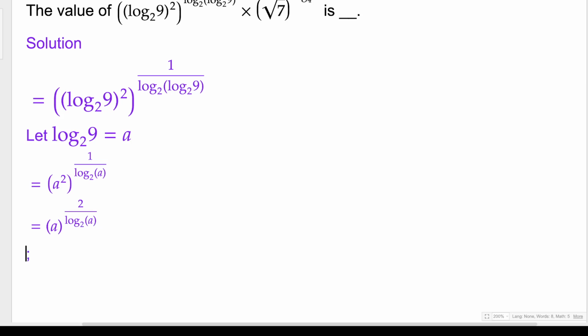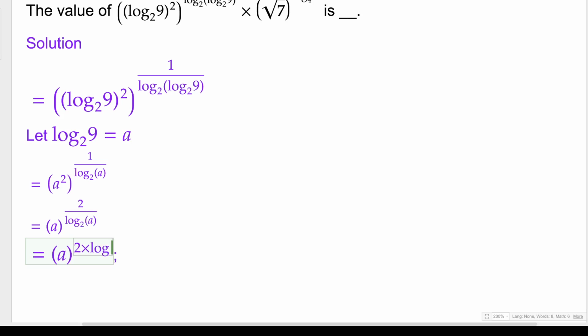Now on proceeding further, we can use the property of log, that 1 over log a base 2 can be written as 2 times log of 2 base a.